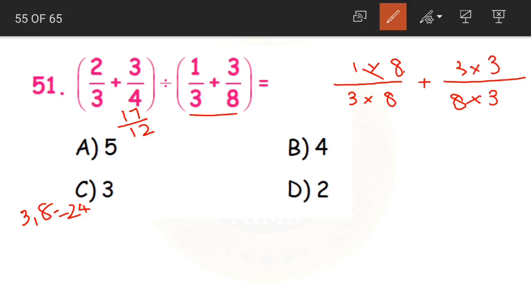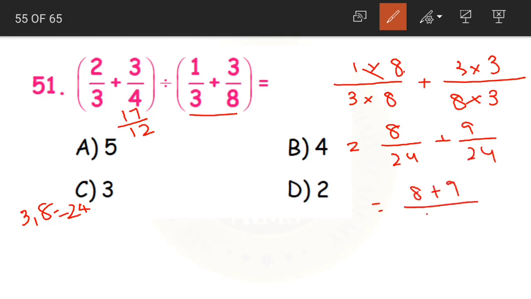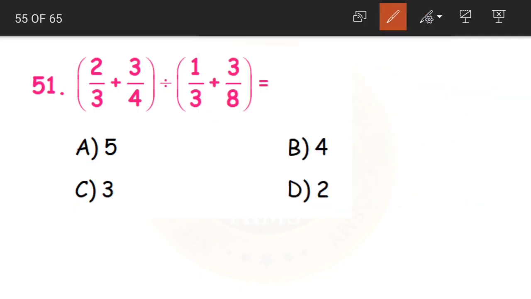So multiplying with 3, 1 eight is 8 plus 3 threes are 9. Now 8 plus 9 divided by 24 is equal to 17 by 24. What is the sum of the second fractions, children? First we had 17 by 12 and then we have 17 by 24.